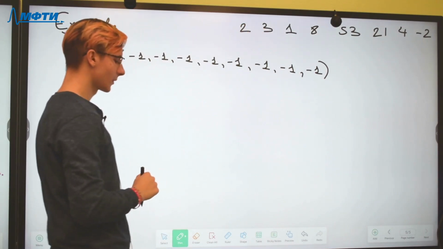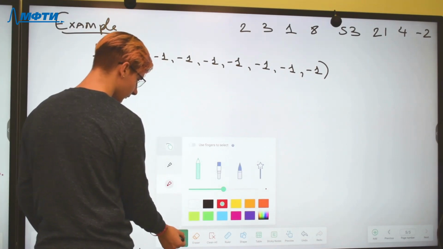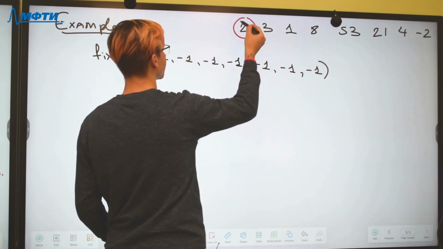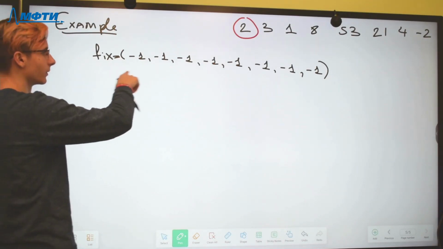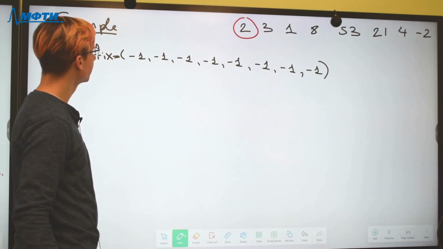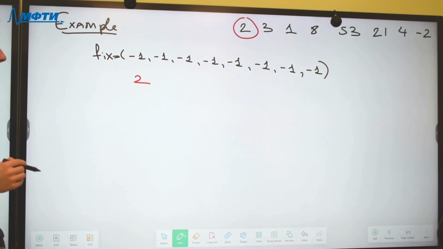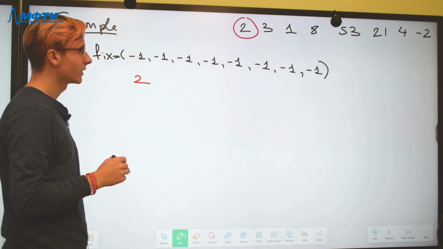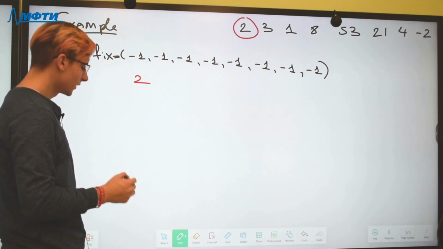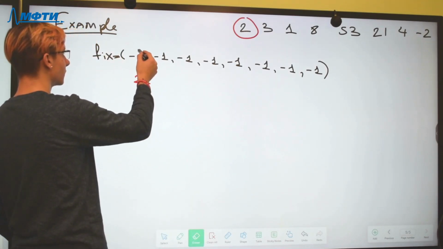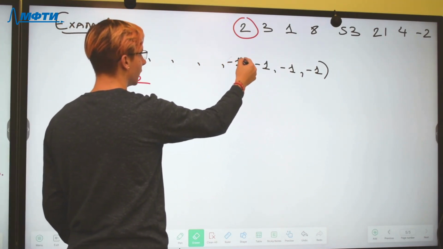Then we see this number, and there is no increasing subsequence yet, so that is the first increasing subsequence that we find. We need to set these numbers equal to plus infinity.